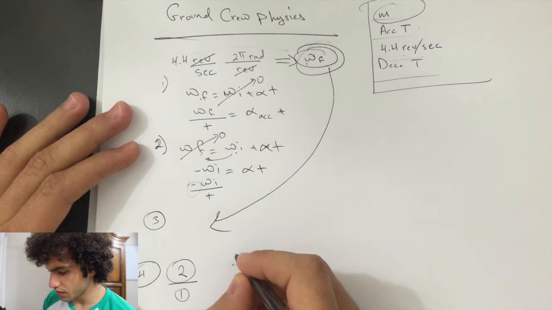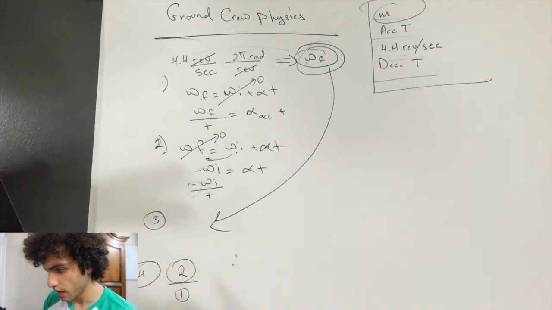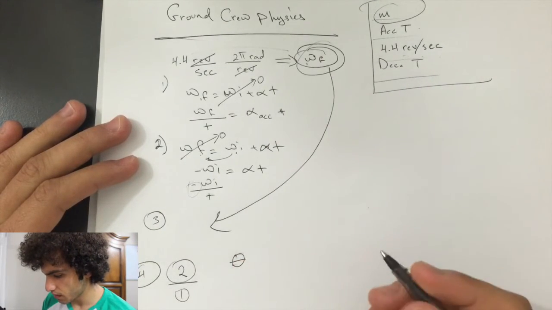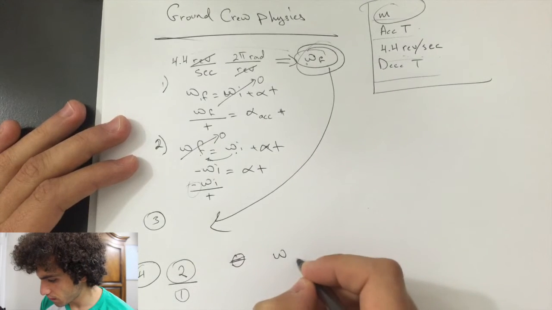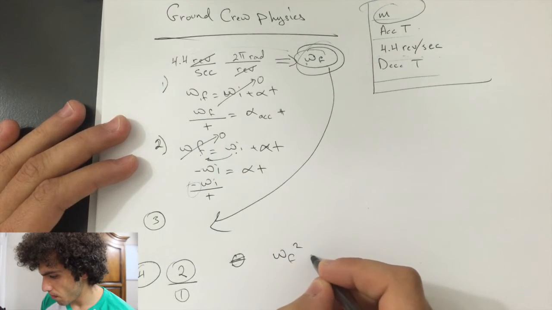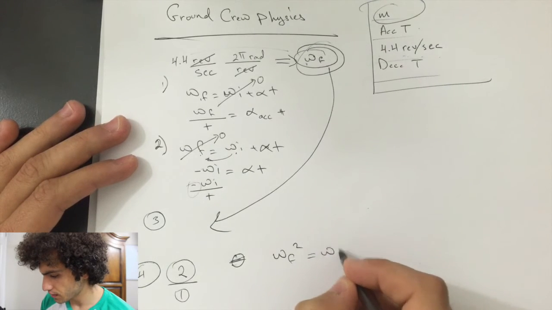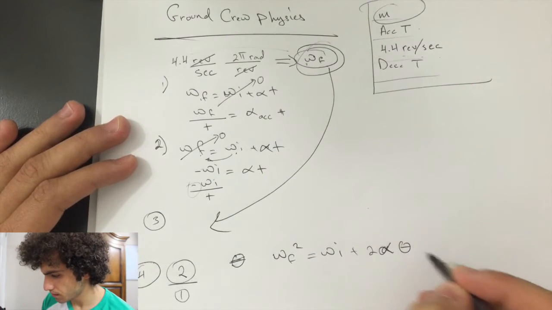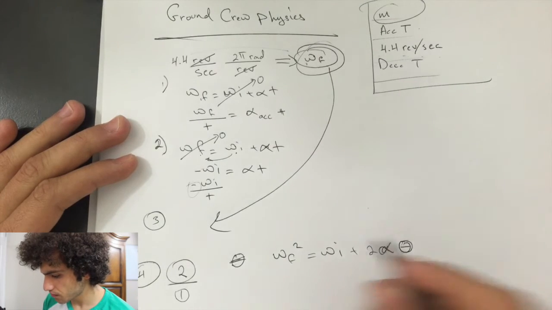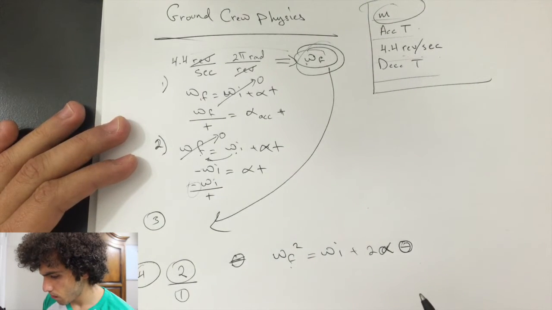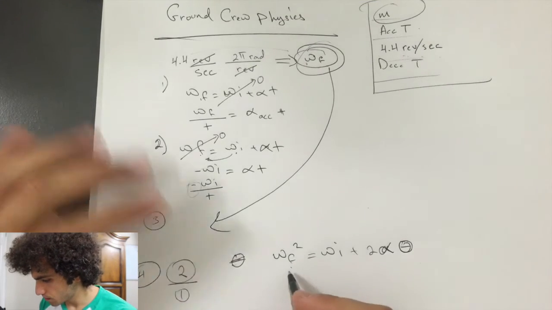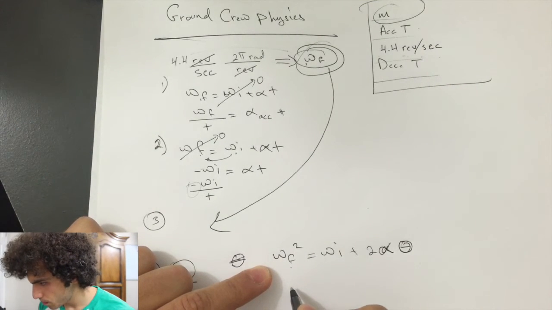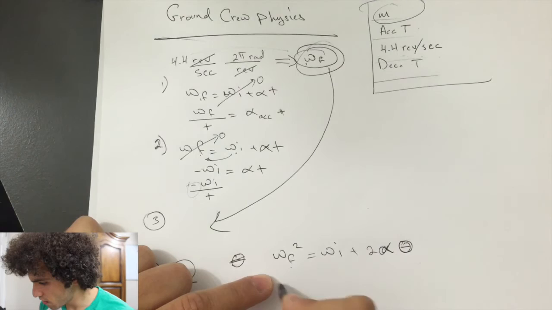the displacement theta, and so omega final squared equals omega initial squared plus 2 alpha theta. Okay. So this is for the first one. And then for the other one, use this equation.